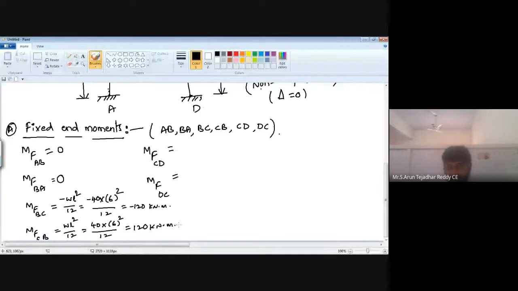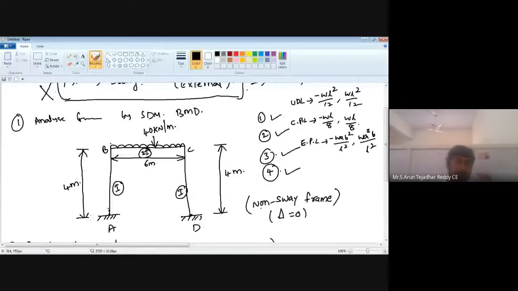Okay. Next, coming to MFCD, MFDC. It means MFCD, fixed end moment for C to D, fixed end moment for D to C. If you observe C to D, in between C to D we don't have any kind of loads. So simply, I can write it as 0.